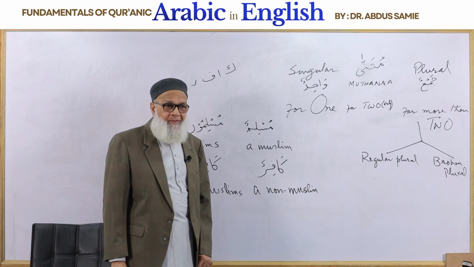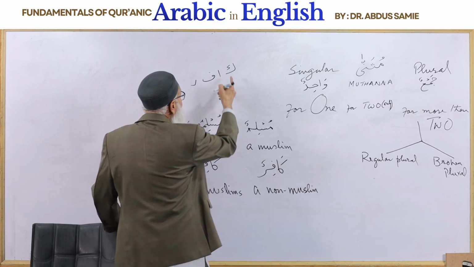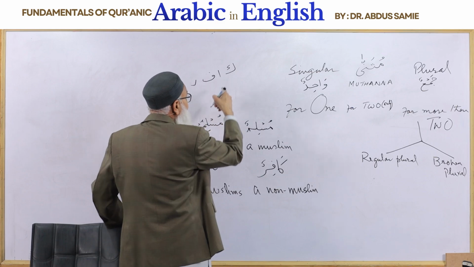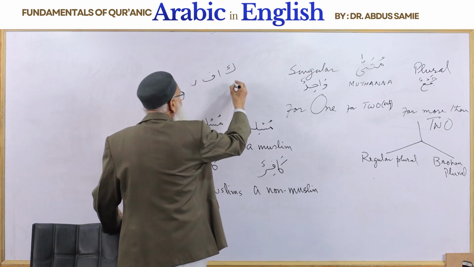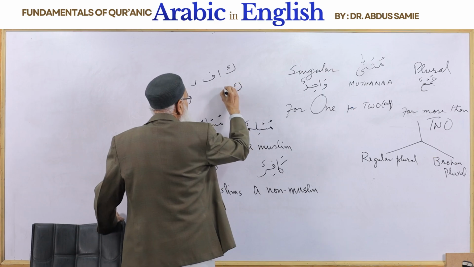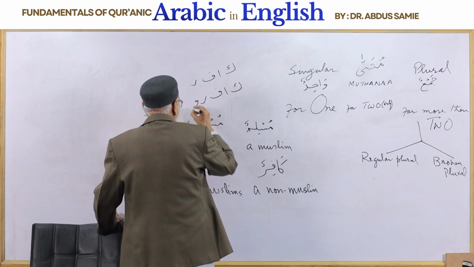You understand? Right? Here in kafirun, this word kafir is intact. Only there is an addition of waw and noon. Kafirun is kaf, alif, fa, ra.